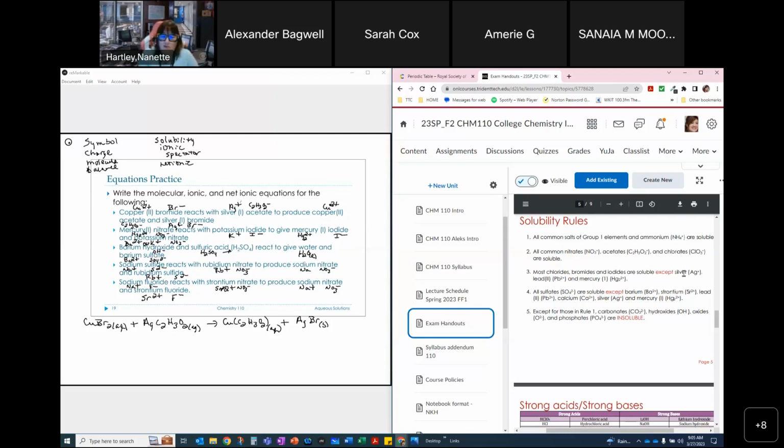So that's my molecular for that. Now, if I want to talk about my ionic, I'm going to do it with the ions that I've already written, right? So it's going to be my Cu2+, that's aqueous, plus the 2 Br- aqueous, and of course it's 2 of them because I had to have 2 of them to balance here. So there are 2. I add that to that Ag+, it's aqueous.